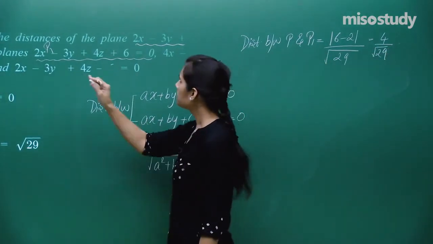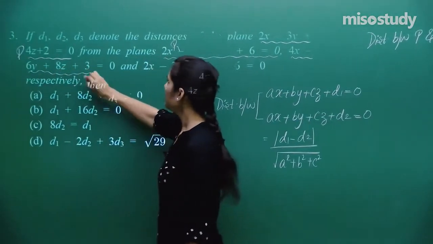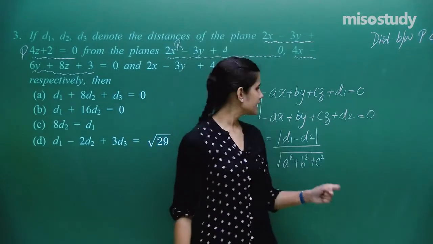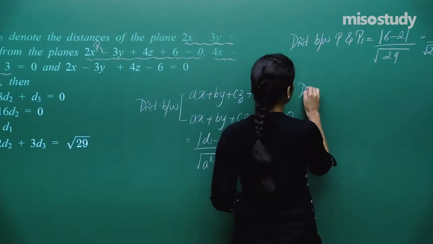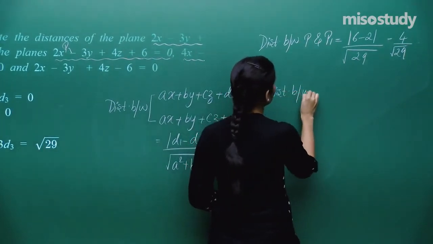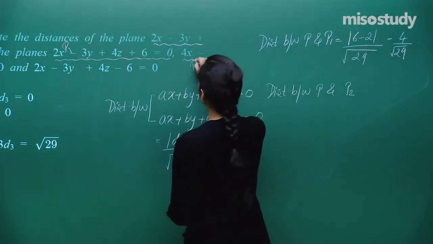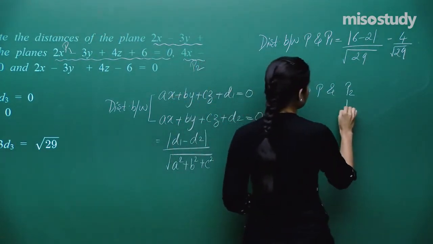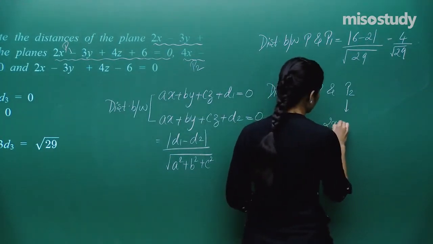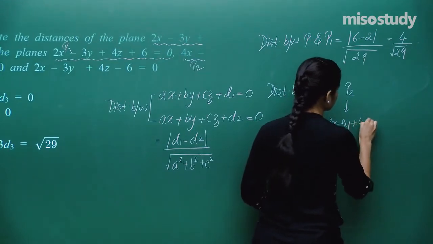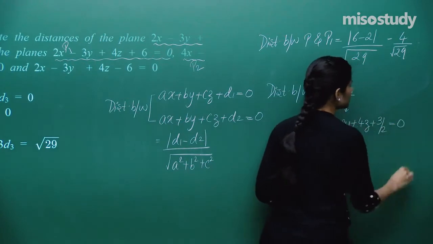Then the distance between plane P and this plane, 4x minus 6y plus 8z plus 3. Now over here you cannot directly see that the direction ratios are the same. But I can say, for the distance between plane P and plane P2, if this is my plane P2, I can write plane P2 as 2 common, 2x minus 3y plus 4z plus 3 by 2 equals 0.